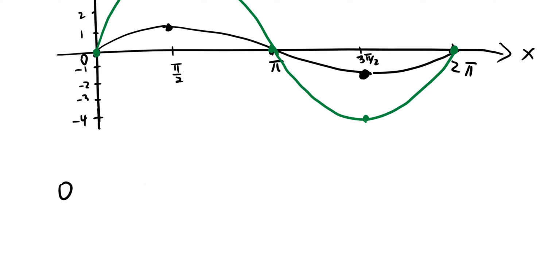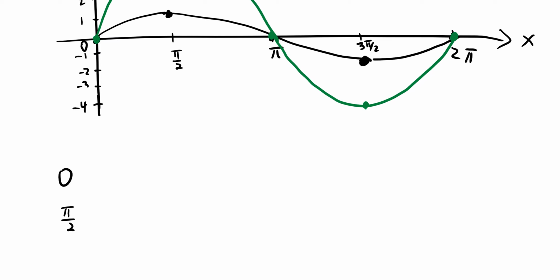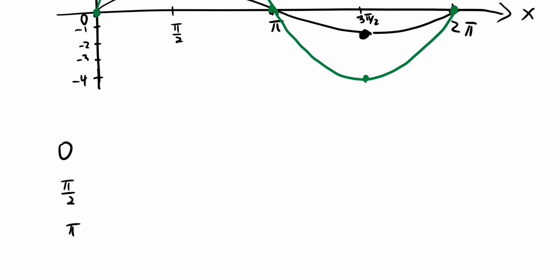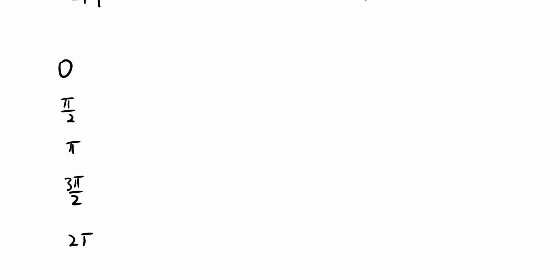I have 0 on the x-axis, pi over 2 that I've been using, pi, 3 pi over 2, and 2 pi. So look what I'm going to do to get the compression. We multiply each one by 1/3. That's how we get the compression.